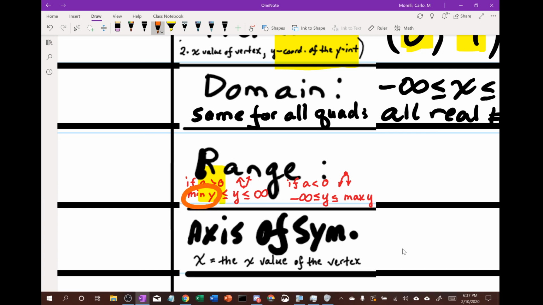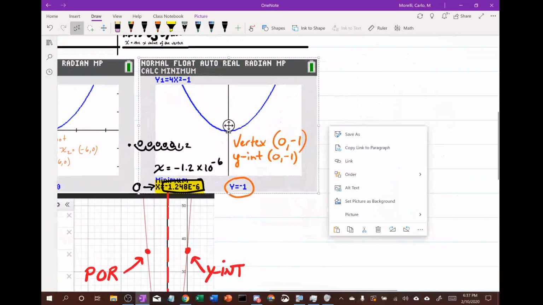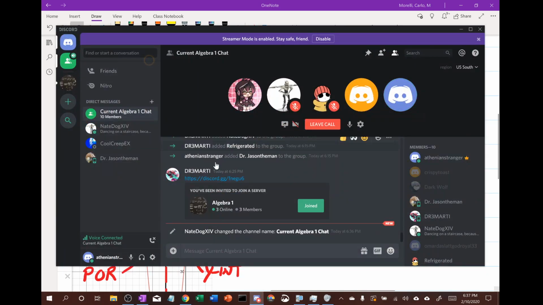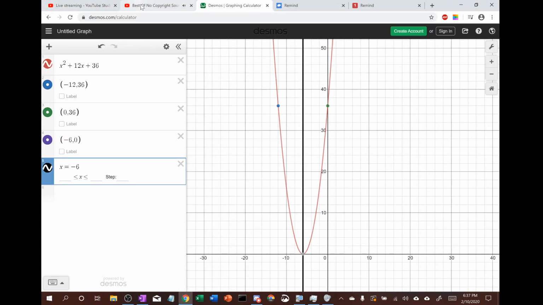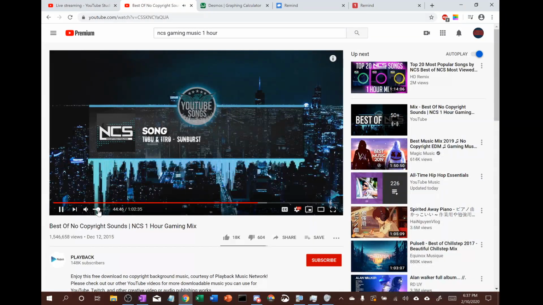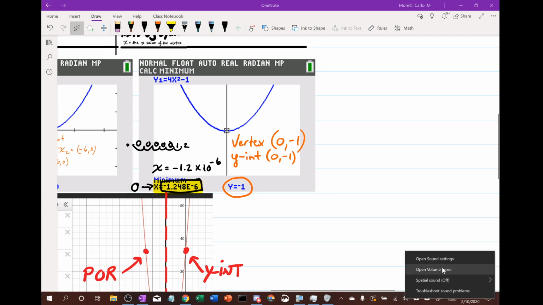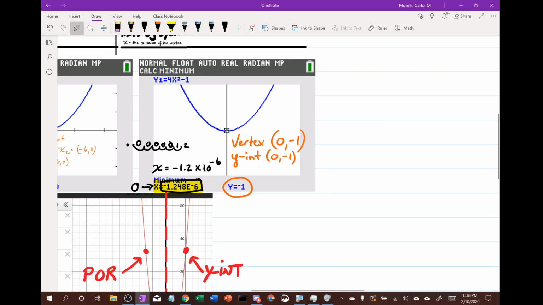What is the minimum y value? I'm lost. On the range?